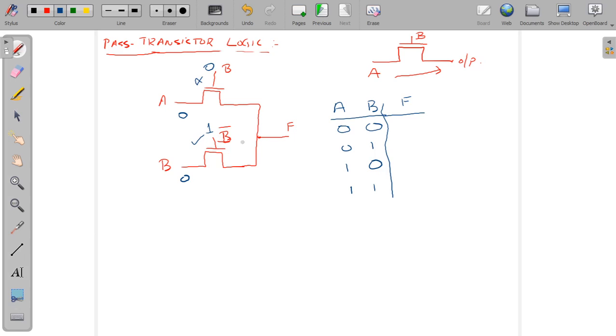So this is not conducting, but this one is conducting. This B input will be passed to the output, as this device is on. B is 0, so a 0 logic will pass to the output F, and F becomes 0.